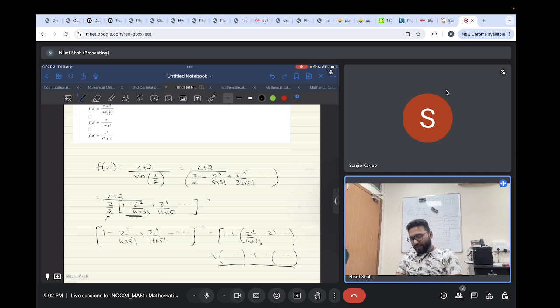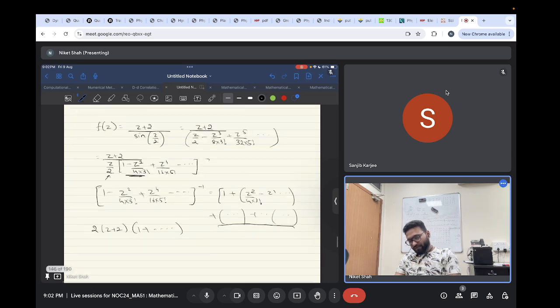And here outside I have a simple pole now. So 2 into z plus 2 into 1 plus this huge polynomial, whose least term is z square, divided by z. This is my function f of z now. Is that okay?